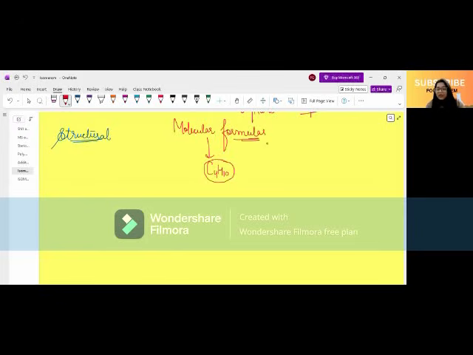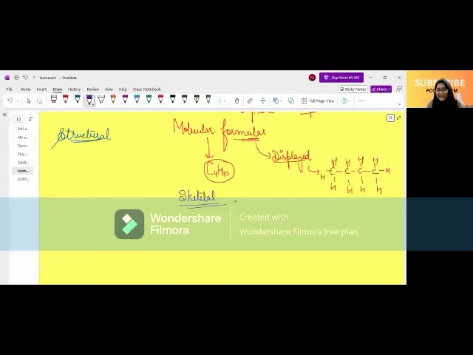Then there is the displayed formula, in which you show all the bonds. This will be my displayed formula for butane, right? Then there is the skeletal formula. Skeletal just uses lines, and no carbon and hydrogen is shown.